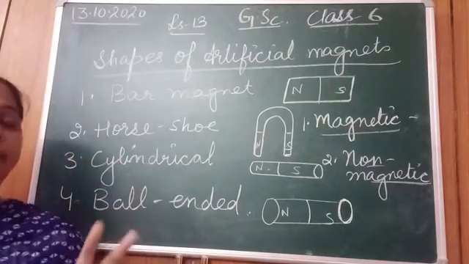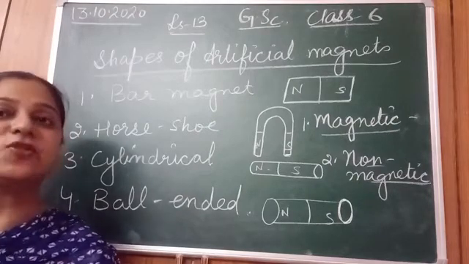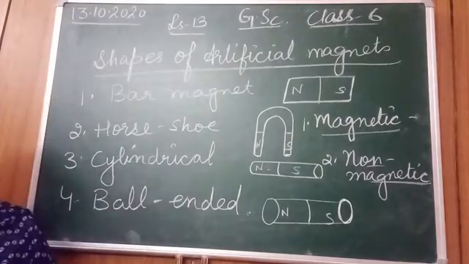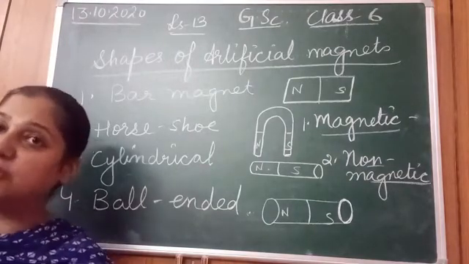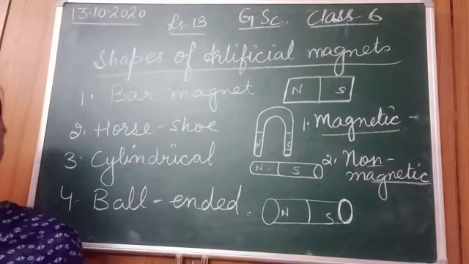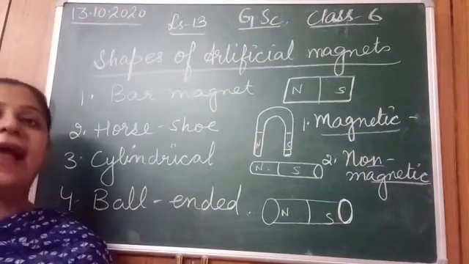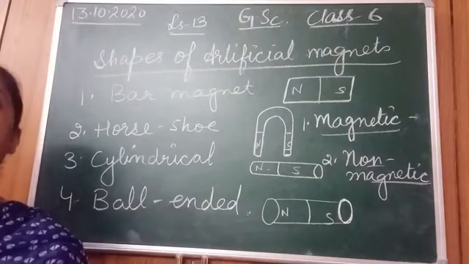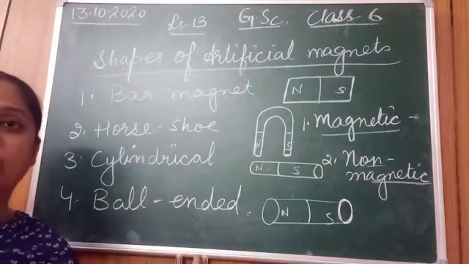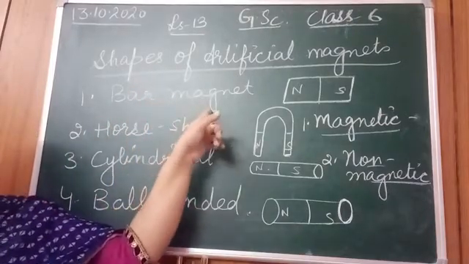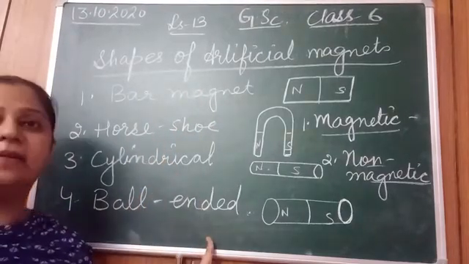So what we have done up till now in this tutorial is we have studied the history of magnets. We covered the different types of magnets: natural magnets and artificial magnets. Artificial magnets are made by man, and natural magnets occur naturally. Now artificial magnets are available in four shapes nowadays: bar magnet, horseshoe magnet, cylindrical magnet and ball-ended magnet.